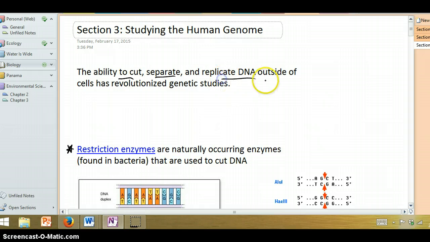And then there are techniques we can use to do DNA replication outside of cells, in test tubes, basically. So these three things have really allowed us to do a lot of things in studying genomes and manipulating genomes, in particular genes, and moving them around, and essentially has enhanced the field of biotechnology and allowed for genetic engineering to occur.